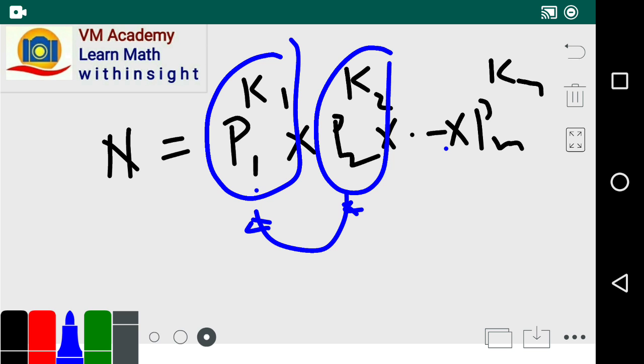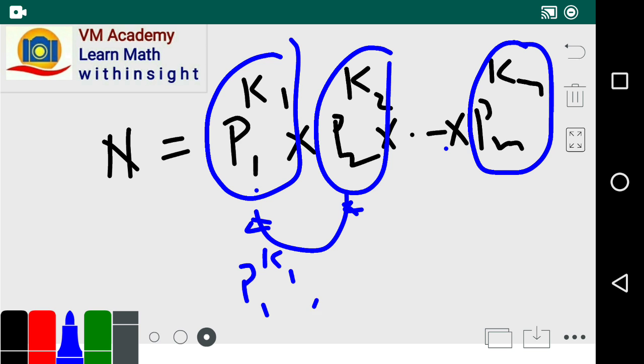Similarly, these m numbers are co-prime to each other because p1 raised to k1 and pm raised to km do not have any common prime factor. p1 raised to k1 is nothing but p1 into p1 into p1, k1 times, and p2 raised to k2 means p2 into p2 into p2, so on k2 times.